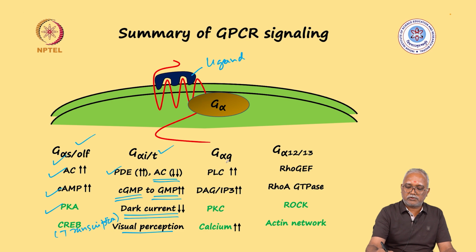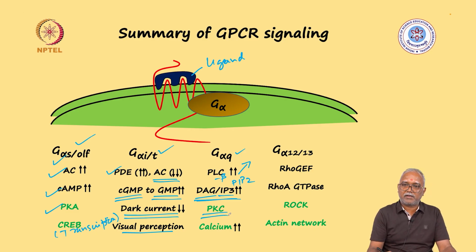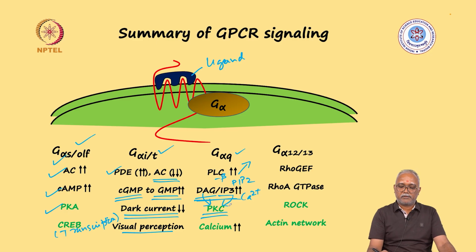We also saw how G alpha Q works through PLC beta and activates itself. Then it works on PIP2, making diacylglycerol and IP3. Together they work to activate protein kinase C. The DAG directly works to activate protein kinase C, and the calcium which is released helps in the process of activation.